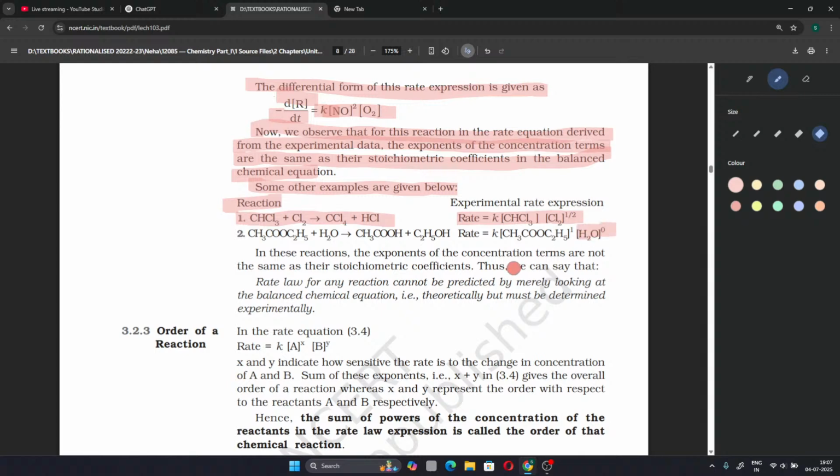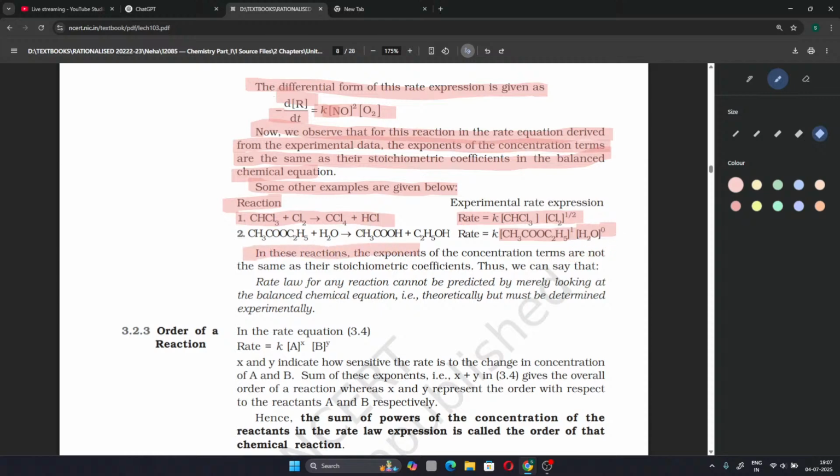When we get the concentration of water to the power 0, we can say that it doesn't depend on the concentration of water. Whatever the concentration of water might be, the rate only depends on the concentration of the methoxyethanoate. That is why only methoxyethanoate has a power of 1 and water has power of 0.